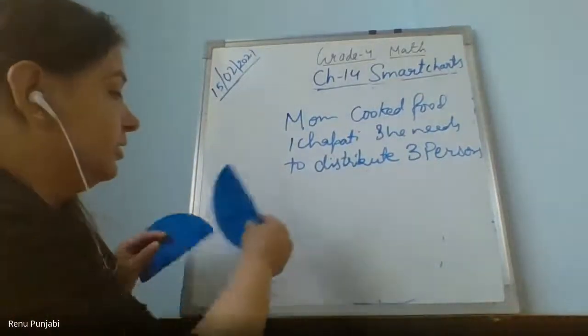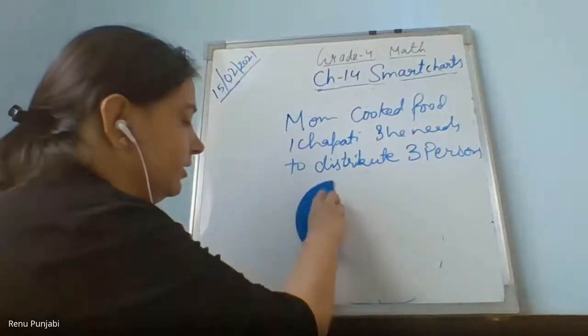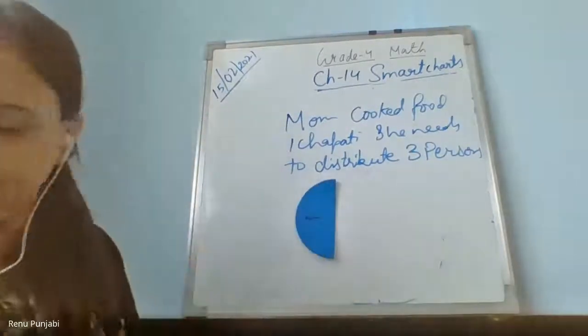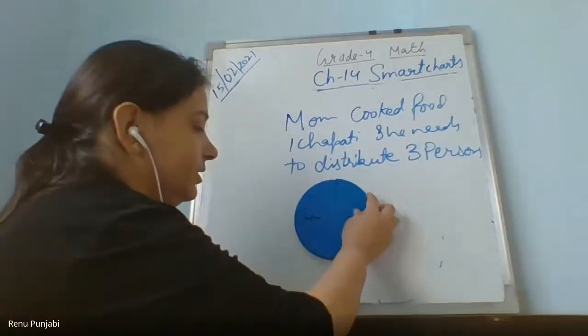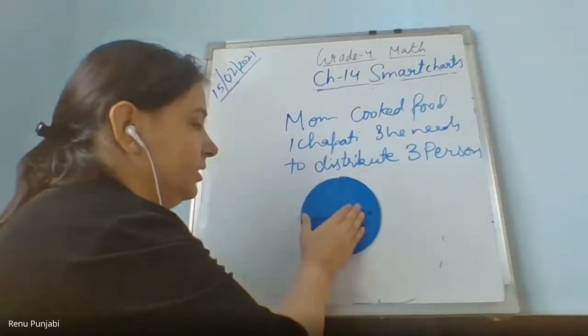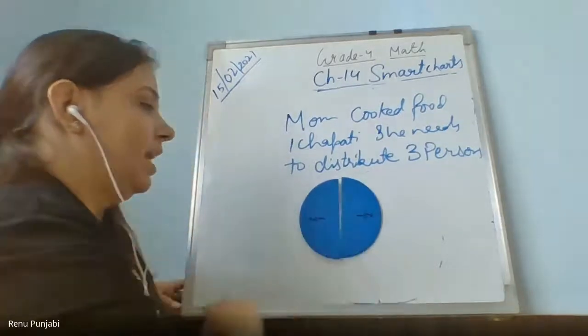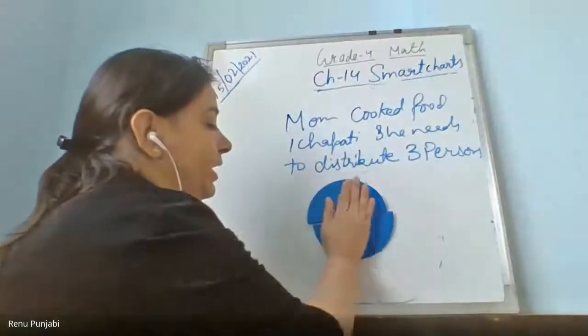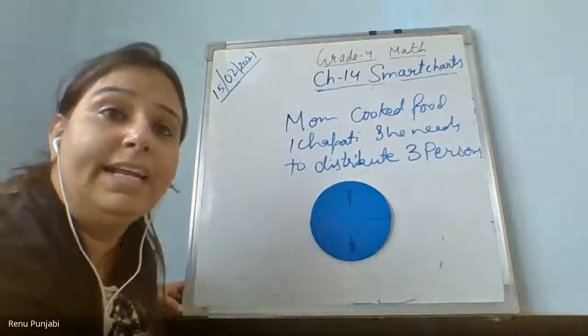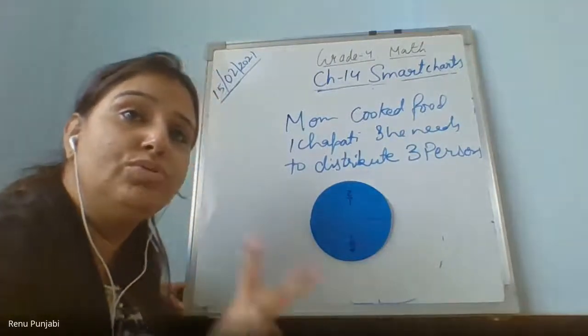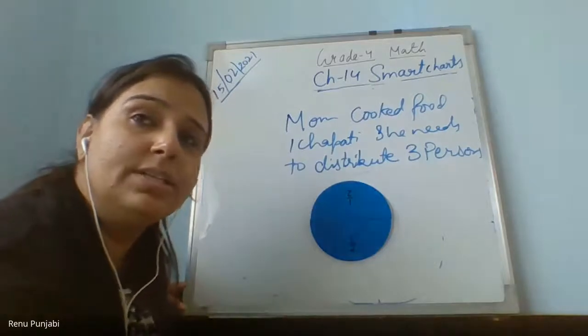This is half of the circle, this is also half of the circle. And when you turn it in this way, it is the same thing, because it is dividing the circle into two equal halves. Understood up to here?